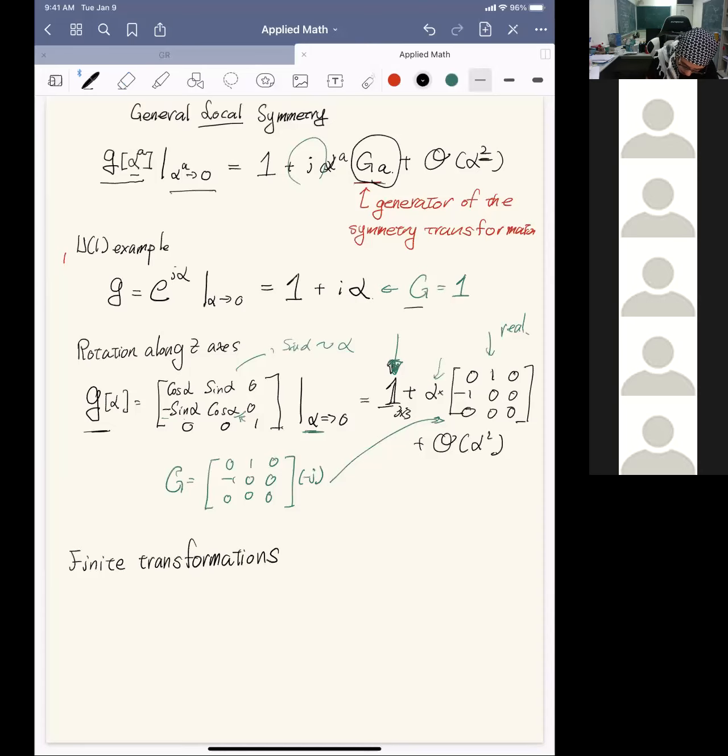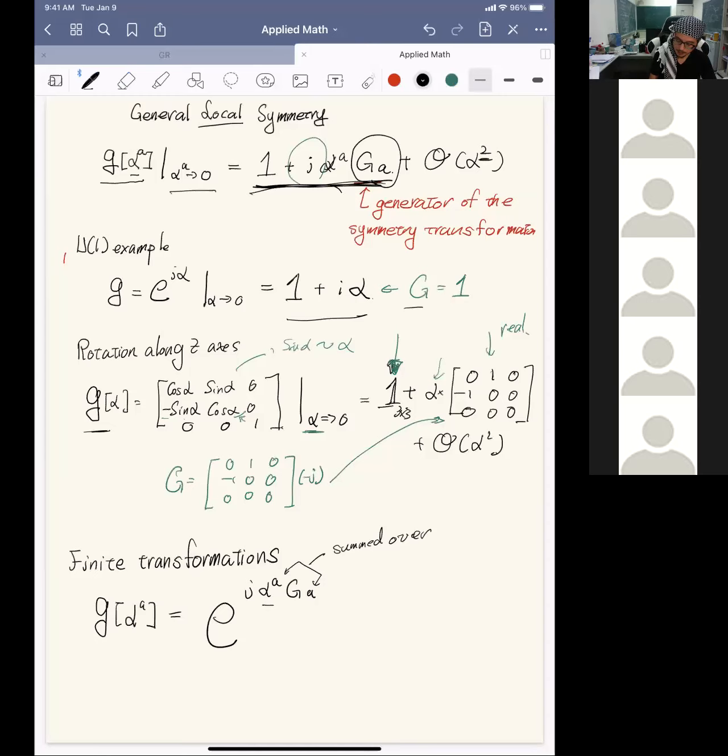So usually we write our G alpha A as an exponential of i alpha A GA, where now the repeated indices are summed over. Of course, obviously, if I just take the alpha goes to 0 limit, I reproduce the definition here.